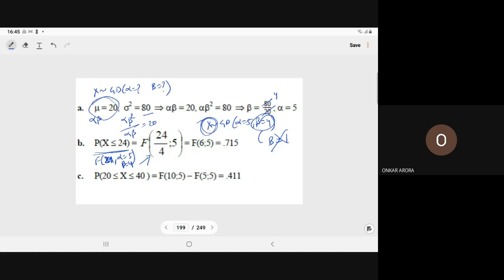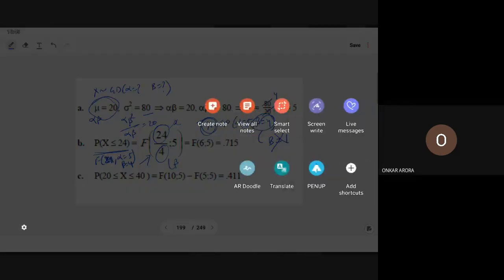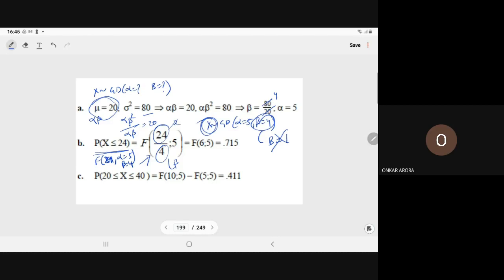For that, we just divide x by beta. The observed value of x is 24 and beta we have computed as 4. So it will become F(6) at alpha equal to 5. So the table value is 0.715.